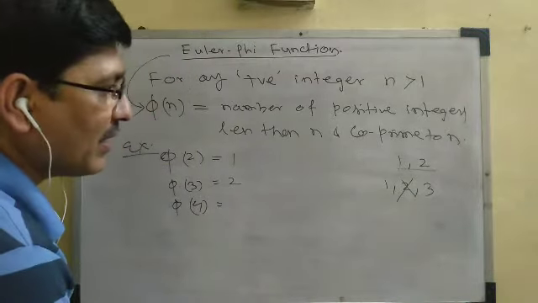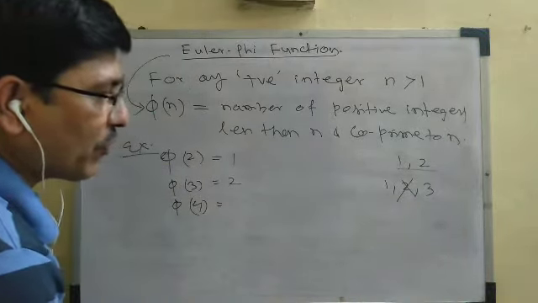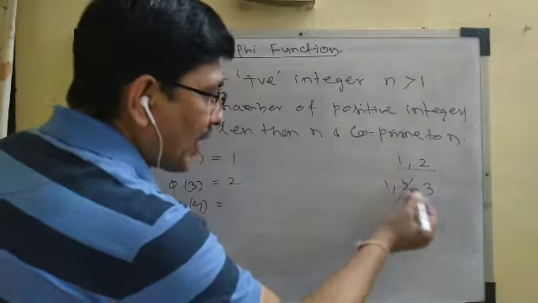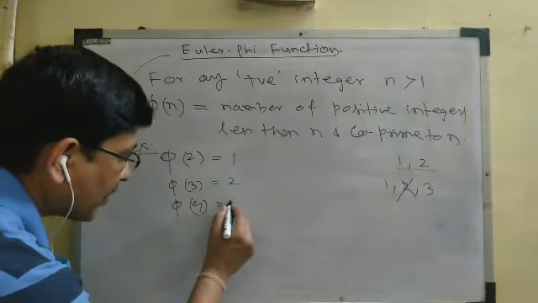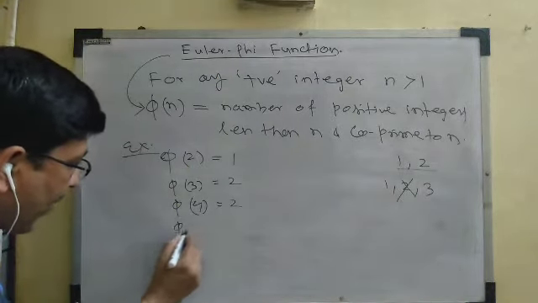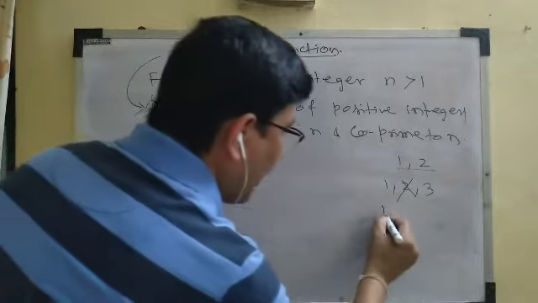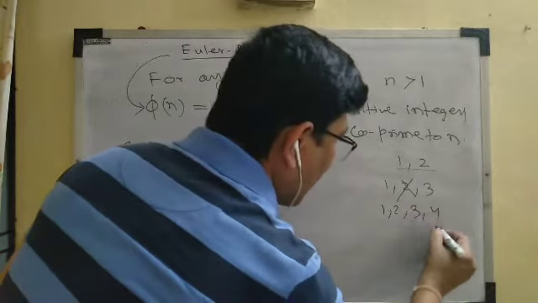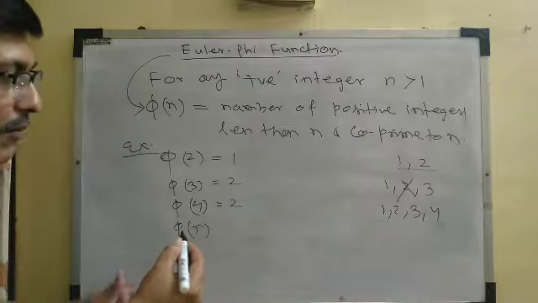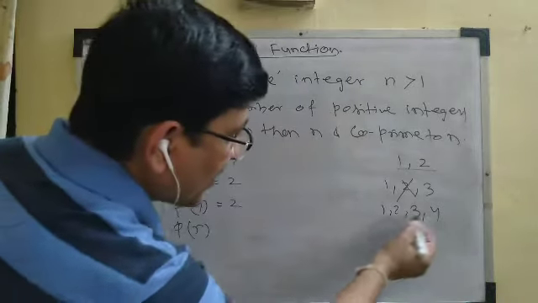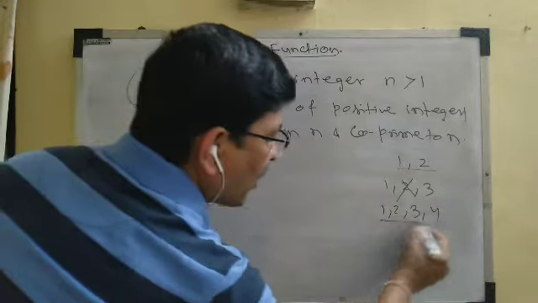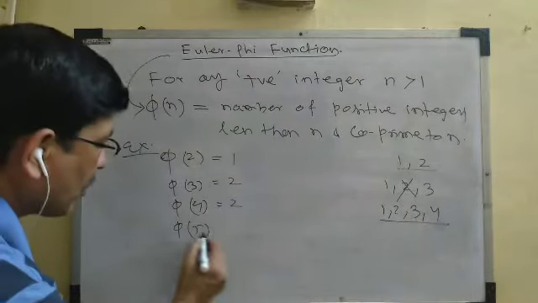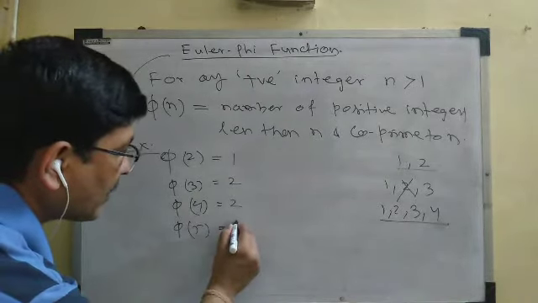So phi of 4 is equal to 2. If we find phi of 5, the integers are 1, 2, 3 and 4. All of these are co-prime to 5, so phi of 5 is equal to 4.